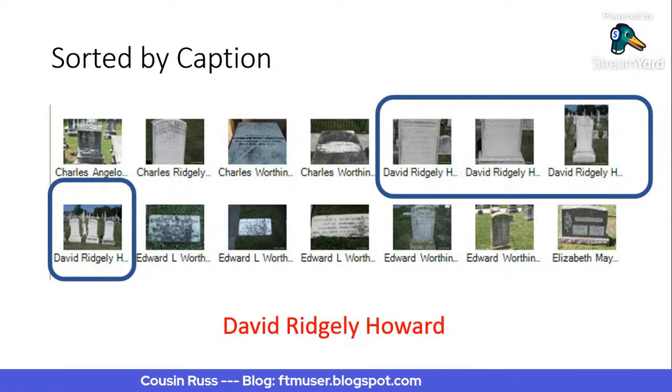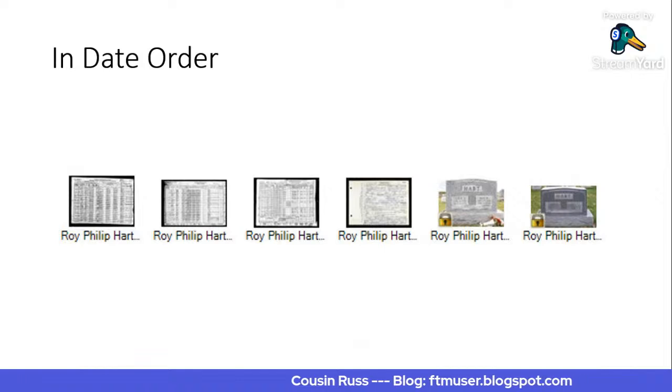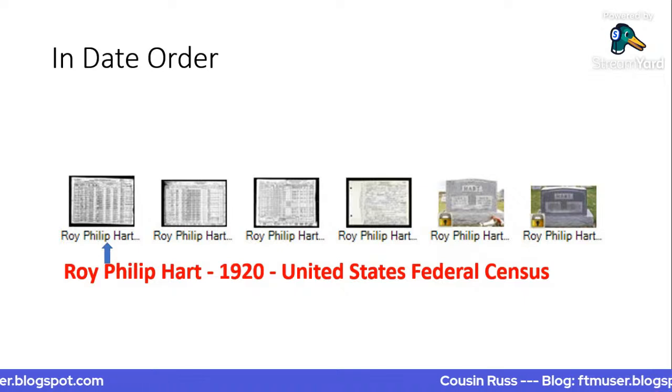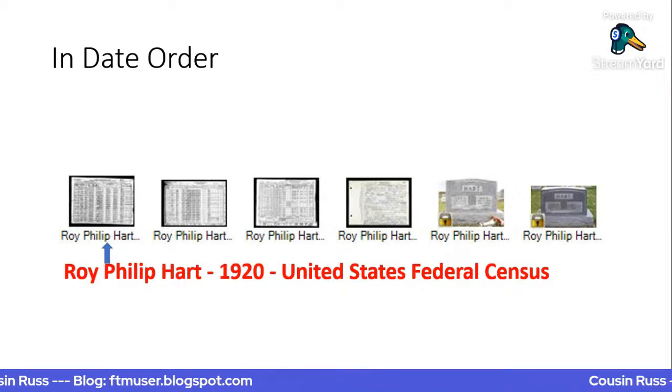So I'm going to take that one step further because I want to have the images in date order. The way I do that is by this is a caption, not a file name. I spell out his name, a dash space, and a year, space dash United States Federal Census.